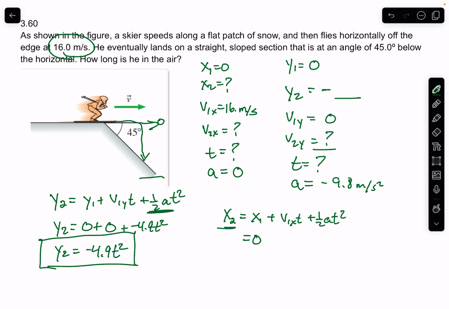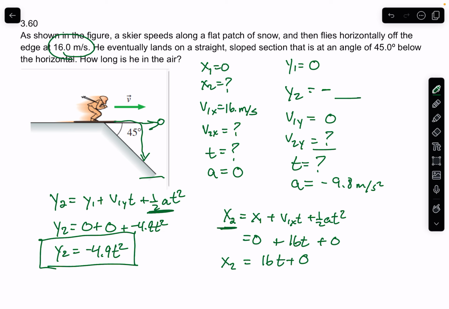Now, let's actually talk about this x2. This is where the trick is on the x2. Well, let's just keep going. I do know this is 16t plus 0. So I can say x2 equals 16t plus 0.